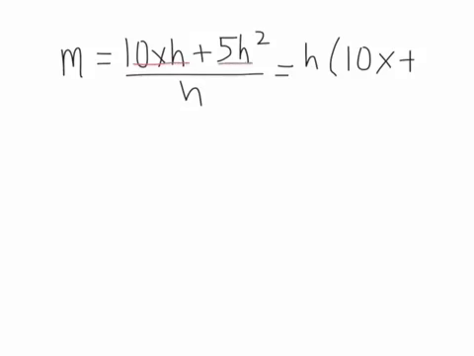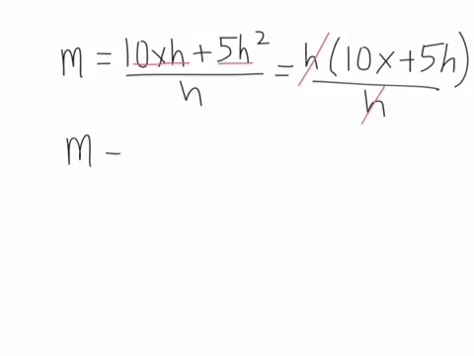So that leaves us with h times the quantity 10x plus 5h, all over h. And now we can do our cancellation correctly, canceling the h on the top and the bottom, so that the slope of our secant line is 10x plus 5h.